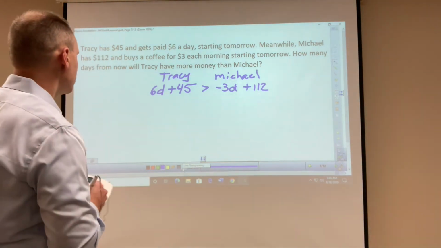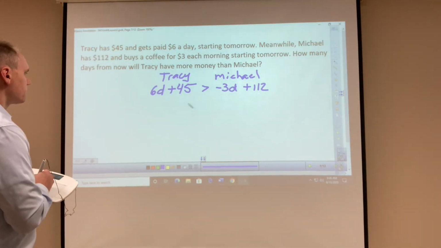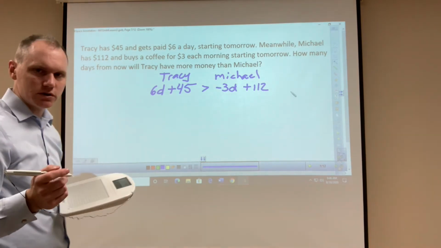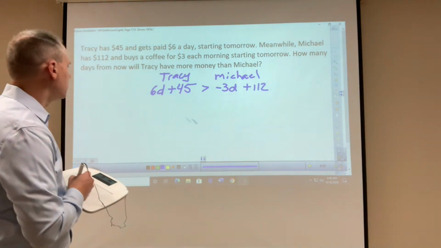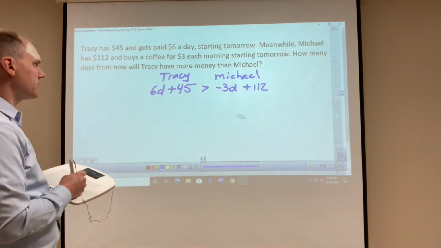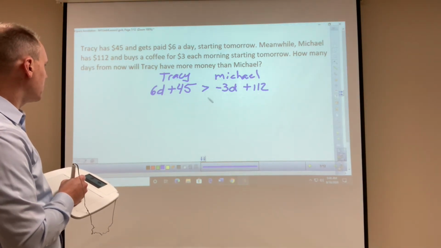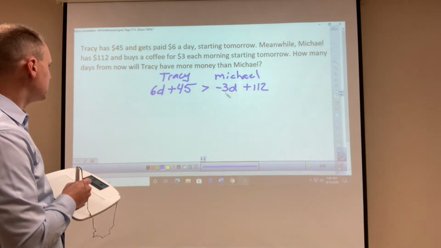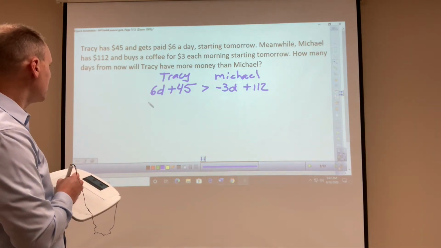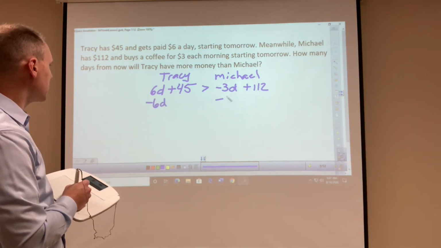All right, so let's see if we can solve this. And I'm going to do something on purpose here just to bring out this idea of what we just talked about, multiplying and dividing by a negative. So let's get the D by itself over here. I'm going to subtract 6D from both sides.